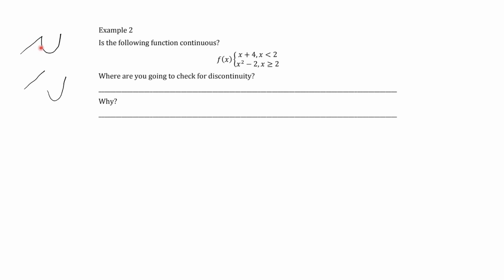Because if the two functions connect at x is equal to 2, then we do not have an issue. The function is continuous. However, if we have a jump, then of course we do have an issue and we have a discontinuity, and so the function is discontinuous. So we need to check when x is equal to 2.